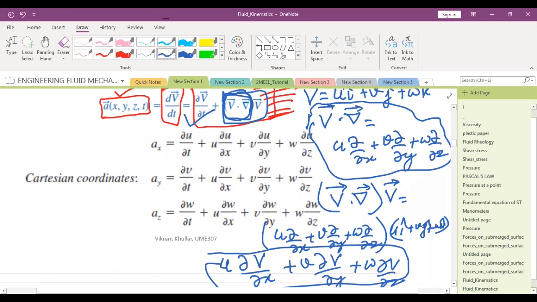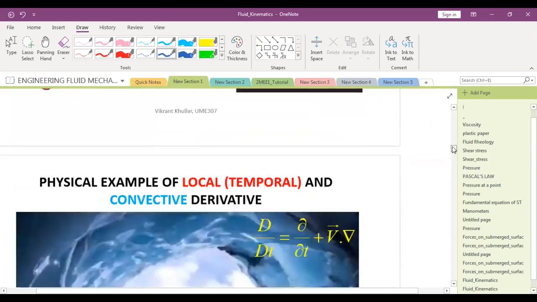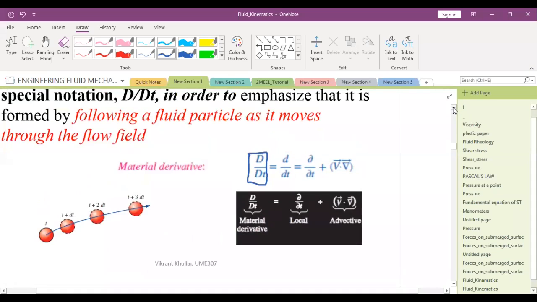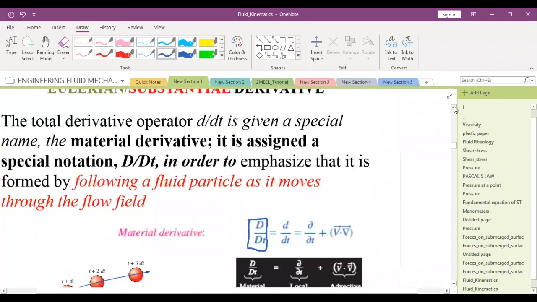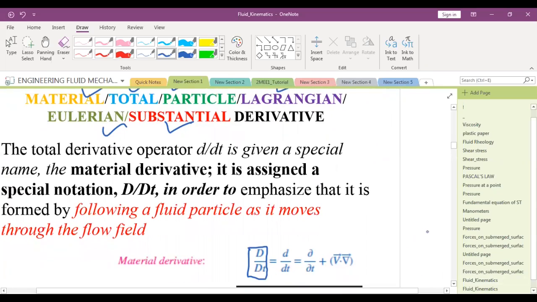This is only a special way to write this, and there are special names given to it. This is called the material derivative or substantial derivative or Eulerian derivative. You can call this by a number of names. I have written down here: material, total, particle, Lagrangian, Eulerian, substantial. This is just like an operator which operates on a function.